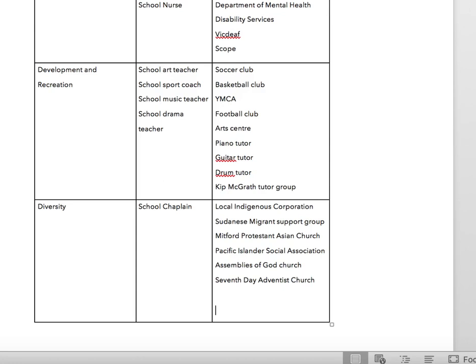So looking at that, they're going to have Indigenous young people, Sudanese young people, somebody who's an Asian Protestant person, a Pacific Islander, an Assemblies of God person, and a Seventh-day Adventist person. And so they have all of those networks to those support organisations outside of their own organisation. Within their own organisation, they've got the school chaplain. So that's a network outline for somebody in a boarding school.